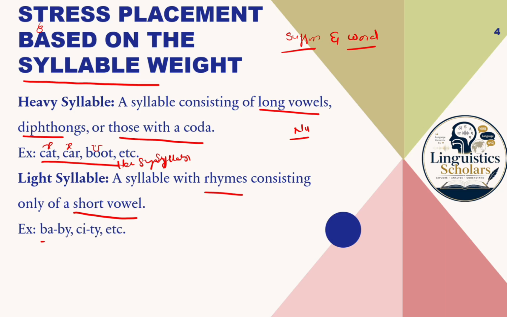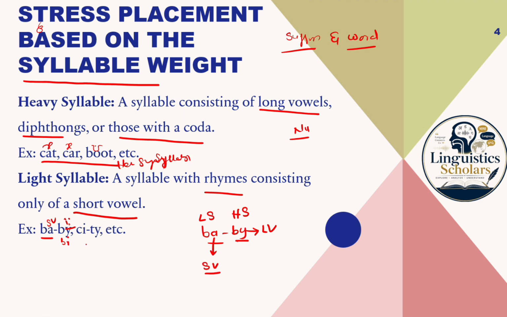Baby is ba-by, so ba is a short vowel. When you look at by, it is basically a long vowel. So in the word baby, ba is a light syllable, by is a heavy syllable because it consists of a long vowel, whereas the first syllable consists of a short vowel.